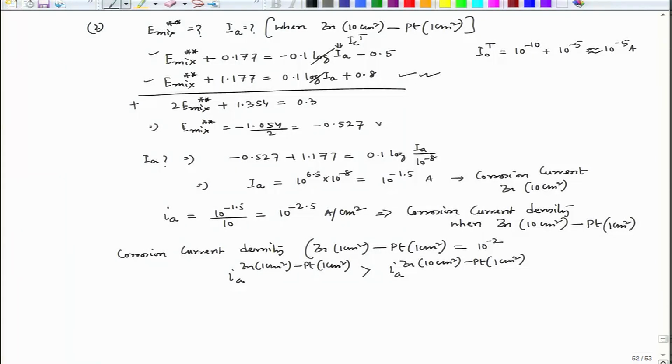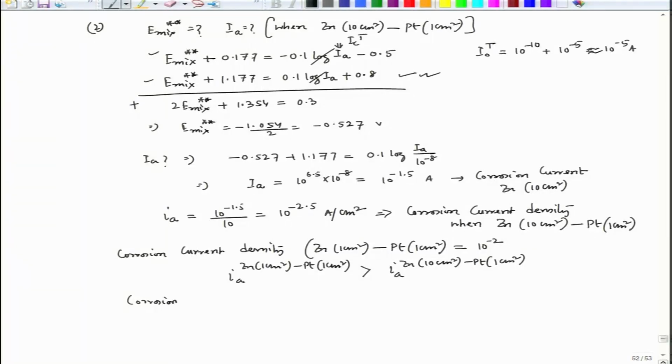So, it is very clear that the corrosion current density of zinc, if we increase the anodic area, decreases with reference to the value we found when zinc of 1 centimeter square area is connected to platinum of 1 centimeter square area. So, the zinc corrosion rate actually decreases because of the increase in anodic area.